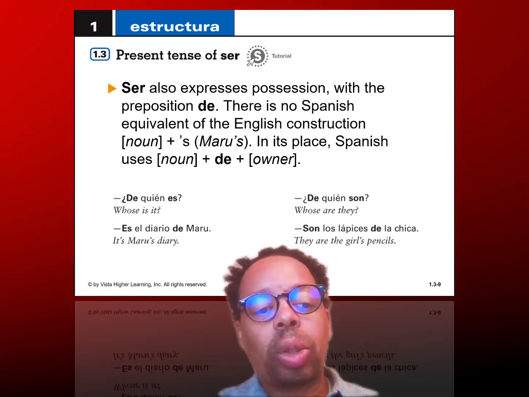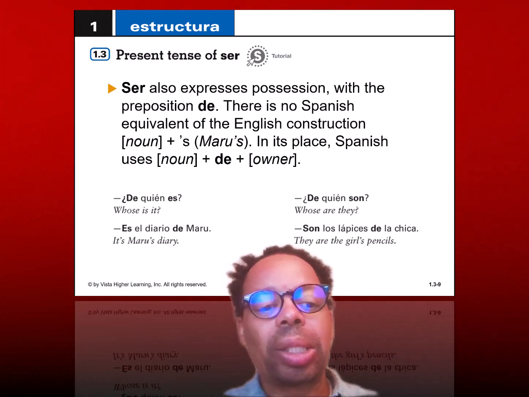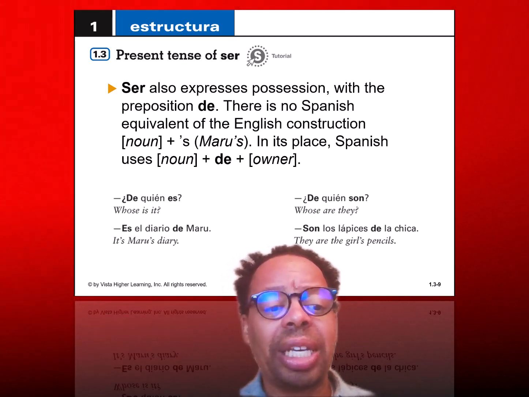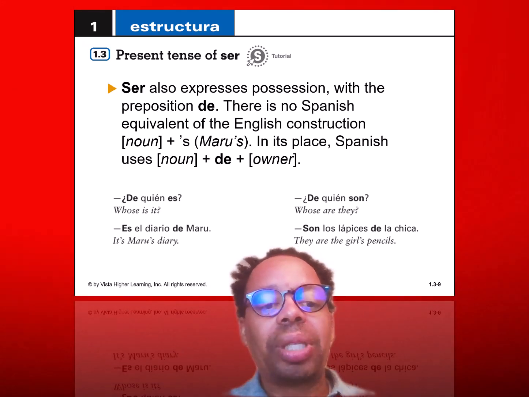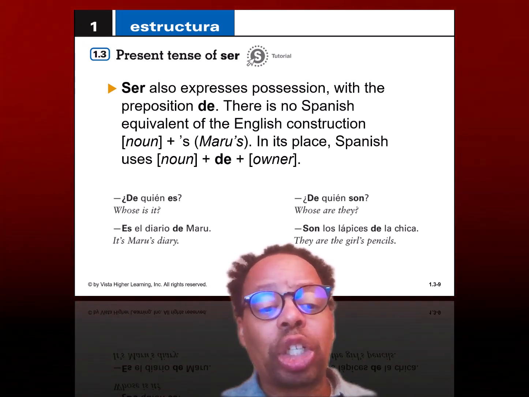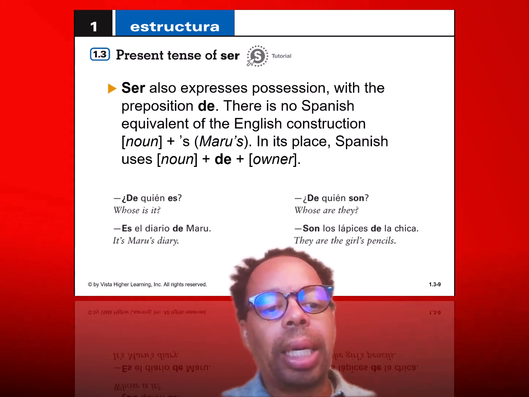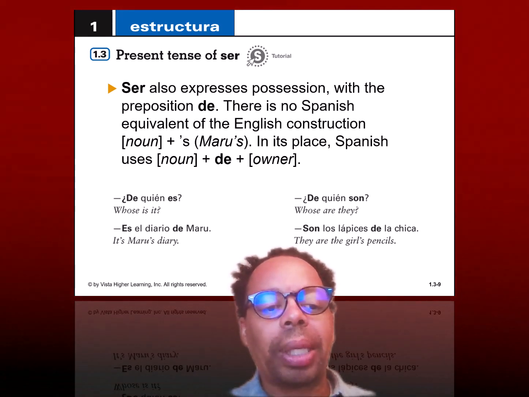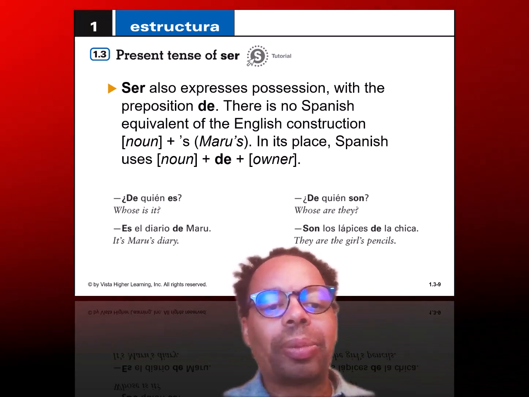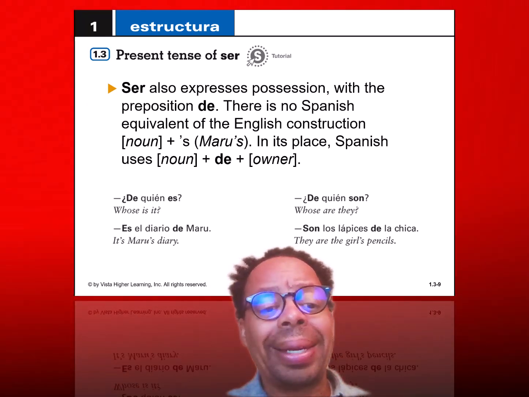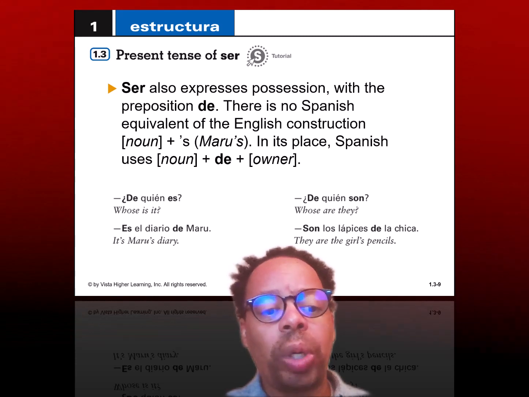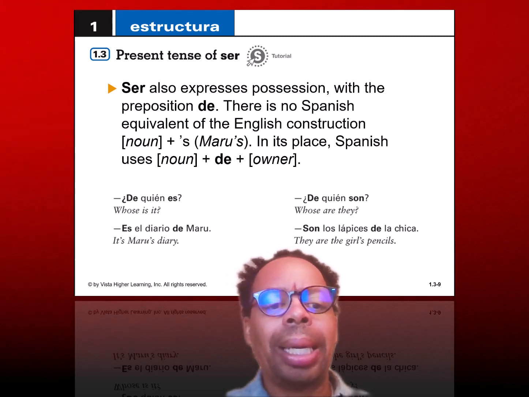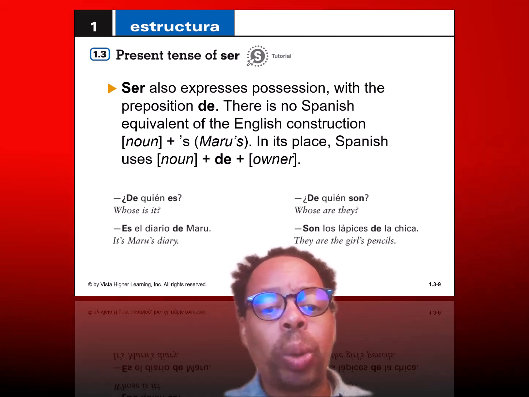Por ejemplo, en estos ejemplos, de quién es, whose is it, in these examples that you see here, we use that preposition de for ownership. ¿De quién es? Es el diario de Maru. So we have the verb es, followed by the noun, followed by de, followed by the owner, the person doing the possessing. Es el diario de Maru, ¿no?